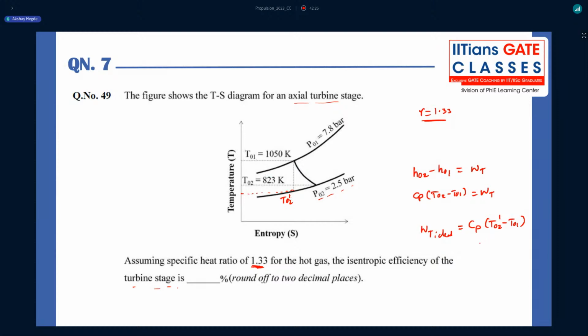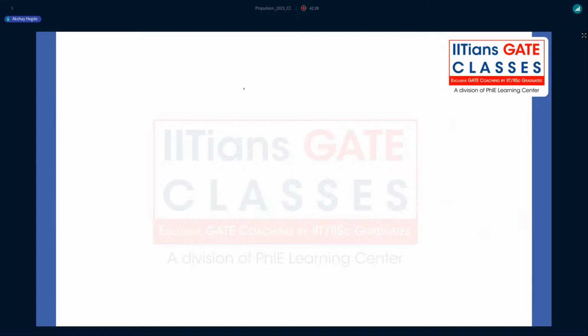So if I want to define the efficiency now, the efficiency of the turbine due to expansion is going to be the work done in the turbine in an actual way, divided by the work done in the turbine in an ideal way, right? So Cp can get cancelled, assuming it's a calorically perfect gas.